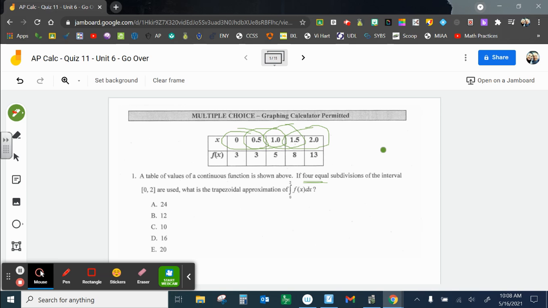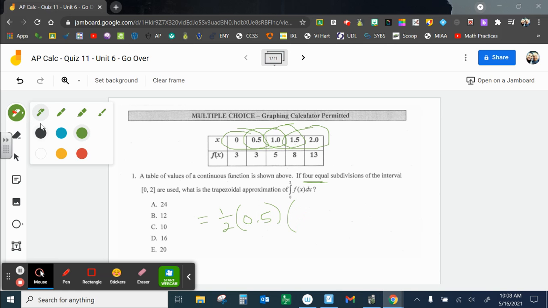All right. So I need to go through, and because they're all by 0.5, I'm going to use the shortcut. I'm going to say, hey, it's 1/2. The height is always 0.5.